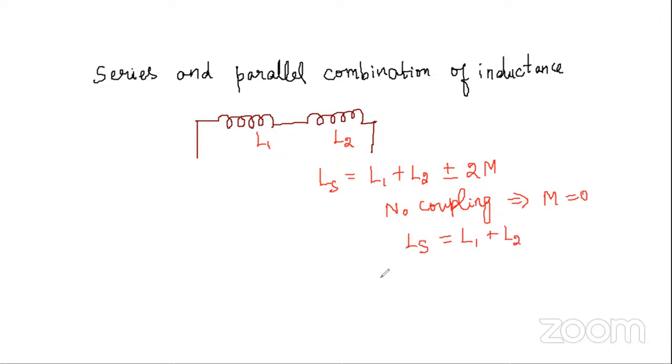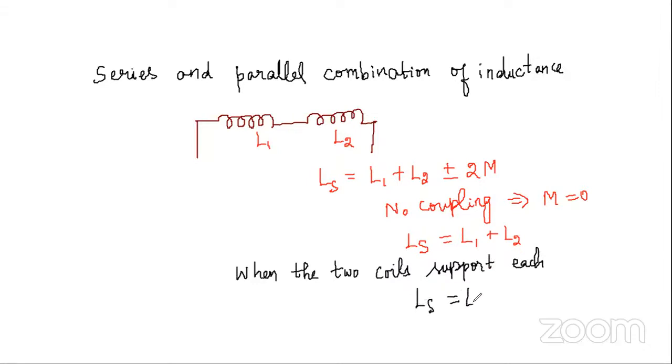For the second case, when the two coils support each other, then you will be having Ls equal to L1 plus L2 plus 2M.